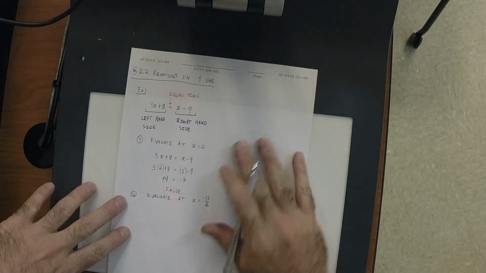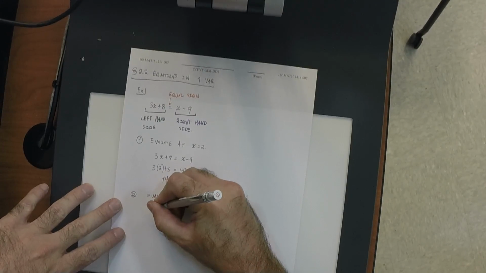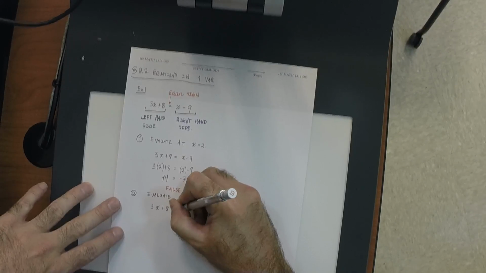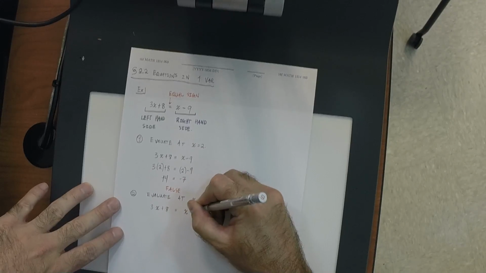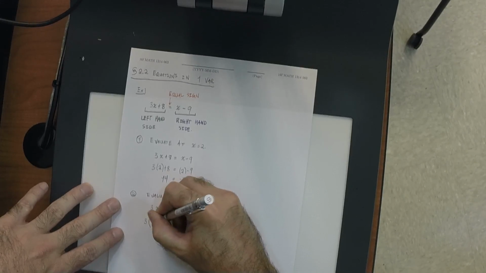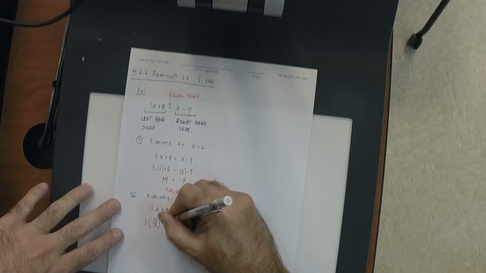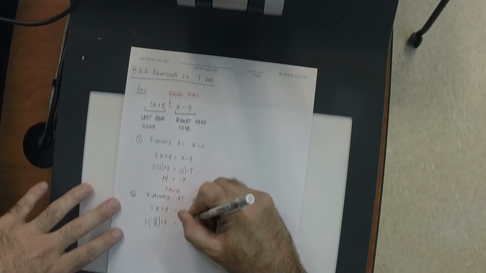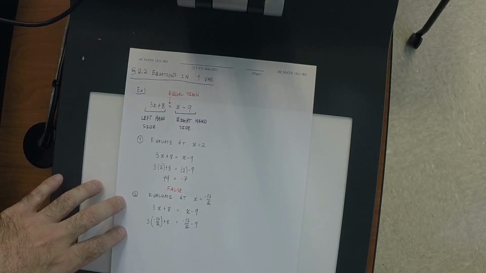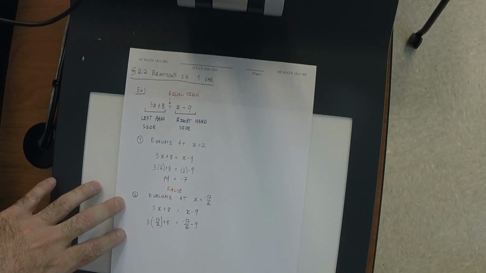Okay. So in the end, what I'm requesting of you is I want you to take 3x plus 8 equal x minus 9, and I want you to replace all of the x's with negative 17 over 2. And then I want you to evaluate this arithmetic.